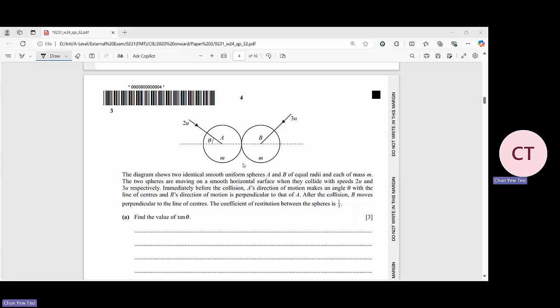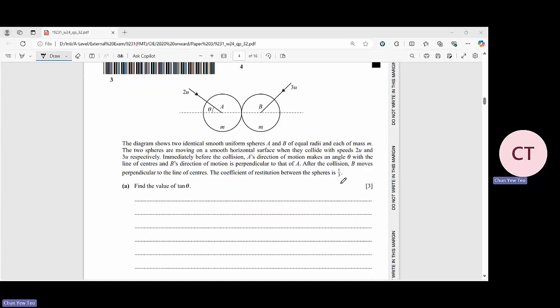A diagram shows two identical smooth uniform spheres A and B of equal radii and each of mass m. The two spheres are moving on a smooth horizontal surface when they collide with speeds 2u and 3u respectively. Immediately before the collision, A's direction of motion makes an angle theta with the line of centers, and B's direction of motion is perpendicular to that of A.